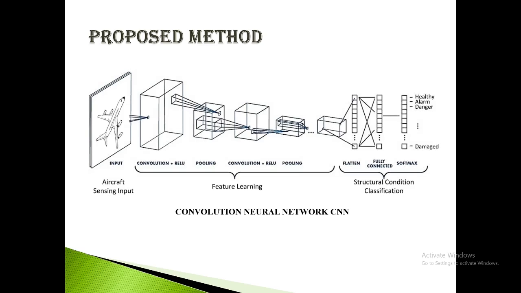As shown here, this is a simple convolutional neural network diagram. First of all, there is an input image which goes through bunches of layers. The first layers are called convolution layers.